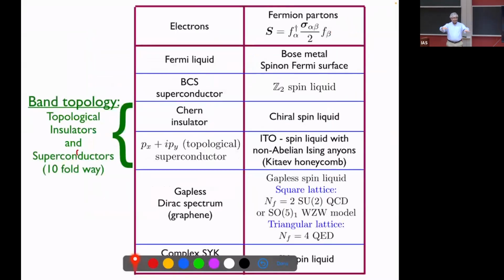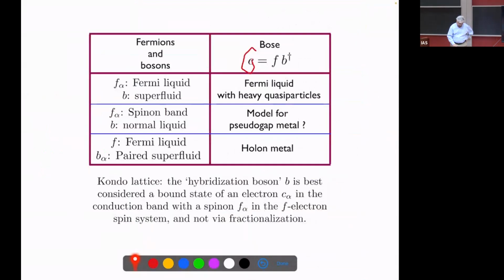And there's another band, where we have moving electrons. For that coupled system, there is a very beautiful theory, originally due to Coleman and others. And that's been very, very successful by introducing another one of these partons, this slave boson or the hybridization boson.